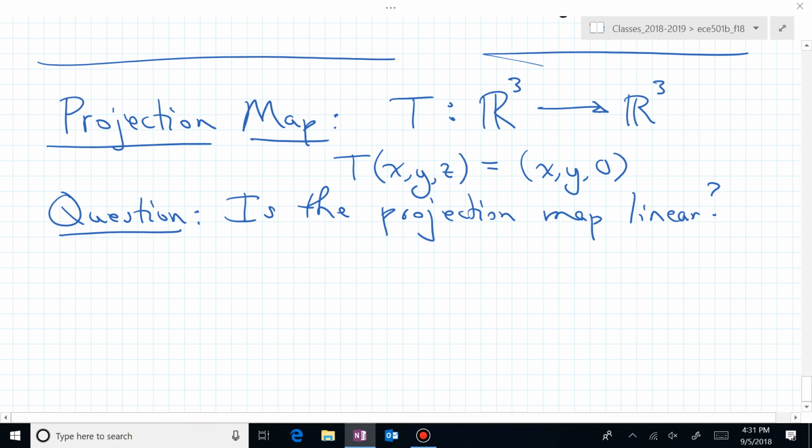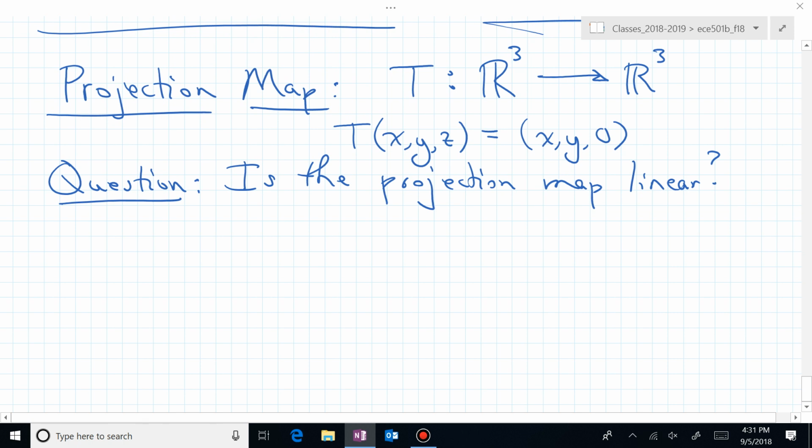Find a point in that box, and now what are we doing? If x and y are on the bottom of that box, we're projecting that point to the xy plane, or the bottom of the box. Is that map linear?